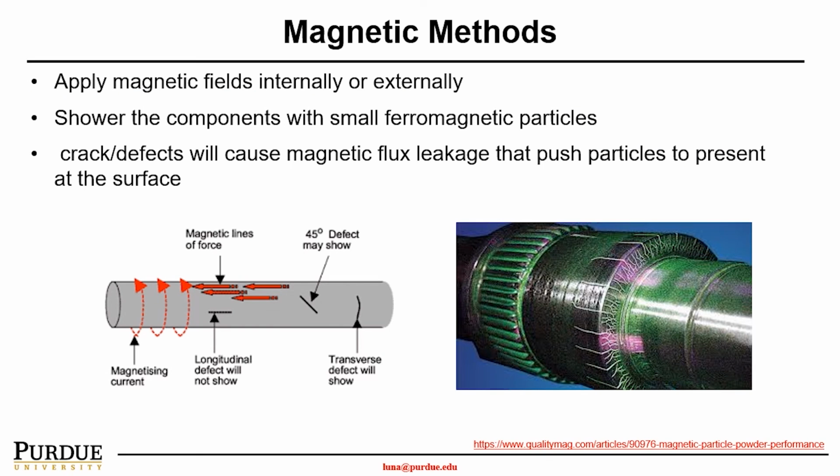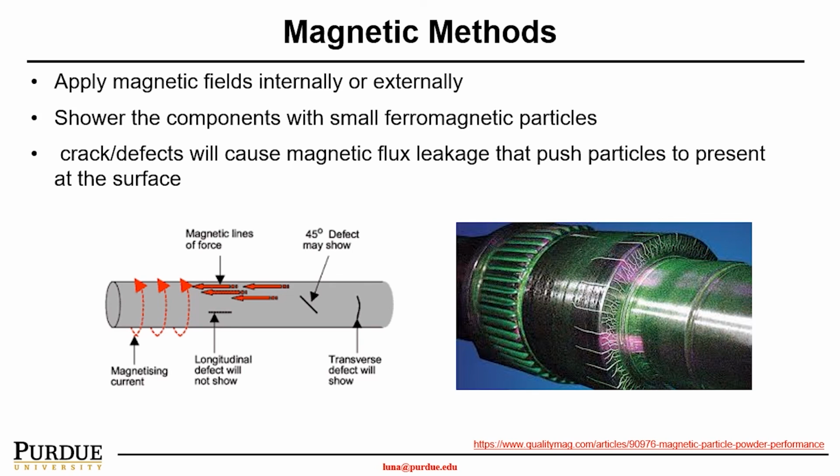Another type of commonly used method is the magnetic method. The magnetic method is to apply a magnetic field internally or externally in the material and then use that to identify defects.